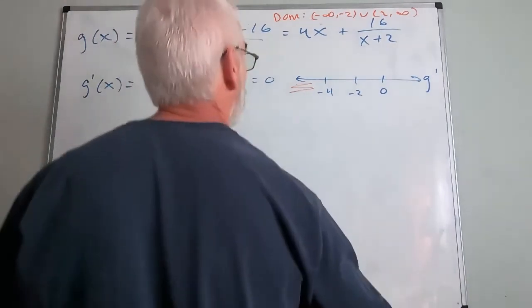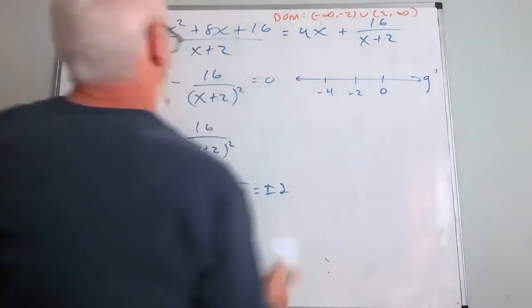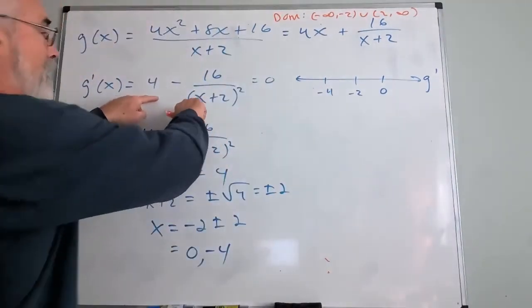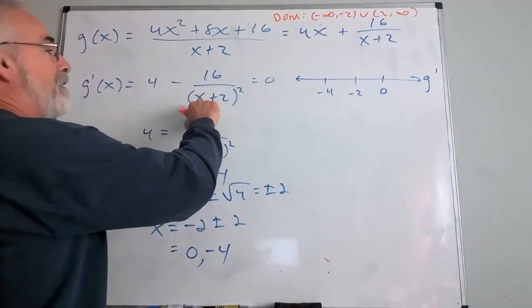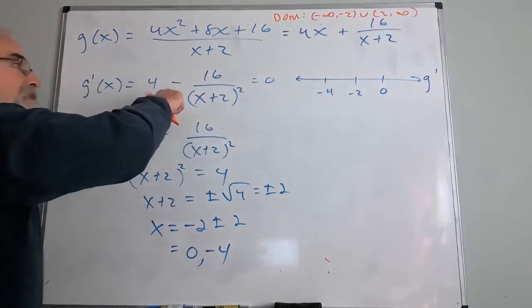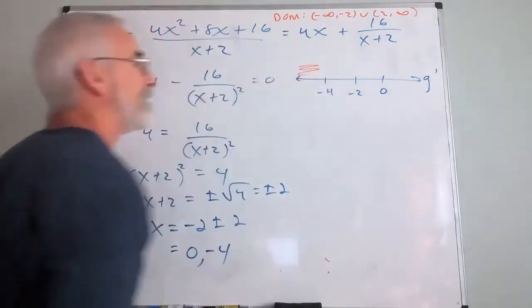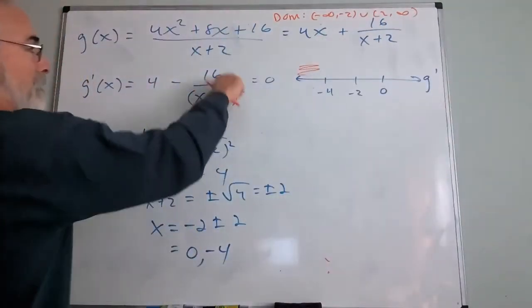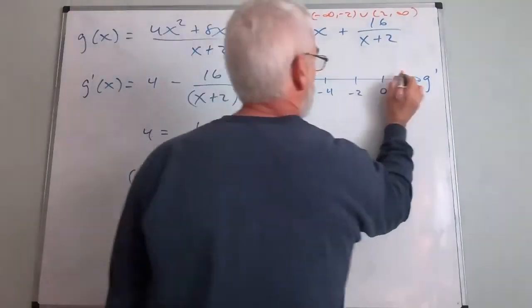Oh, I'm sorry. My bad. I'm looking at the function. I want to look at the derivative. Sorry about that. Let's try that again. If x is -bazillion, then this is microscopic and I have 4 minus microscopic. That's positive. Okay. Let's make it easy on ourselves. Now let's go to positive bazillion. Again, microscopic, 4 minus.